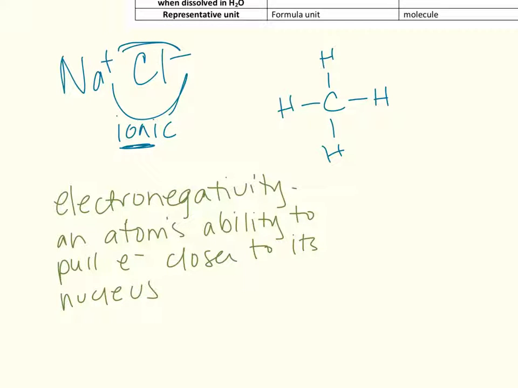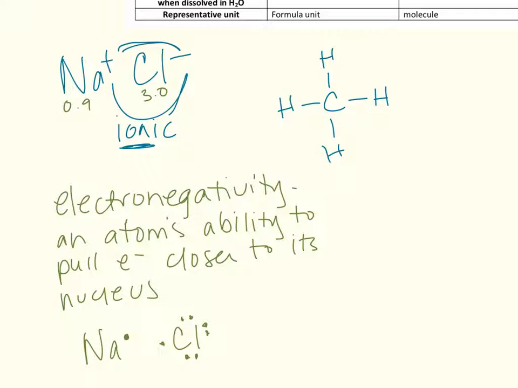So if we look at sodium and chloride closer, chlorine's value for electronegativity is 3.0, and sodium's value is 0.9. And so because sodium's value is so much smaller than chlorine's, chlorine can take its electron. So sodium starts out like this with one valence electron, and chlorine has 7 valence electrons.